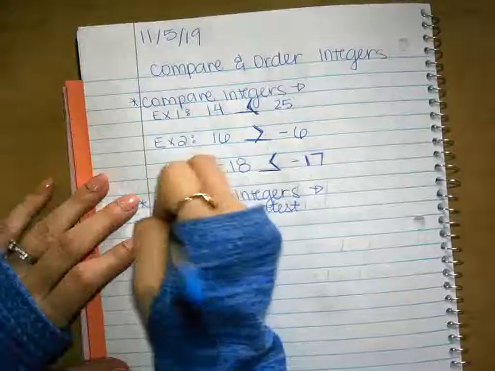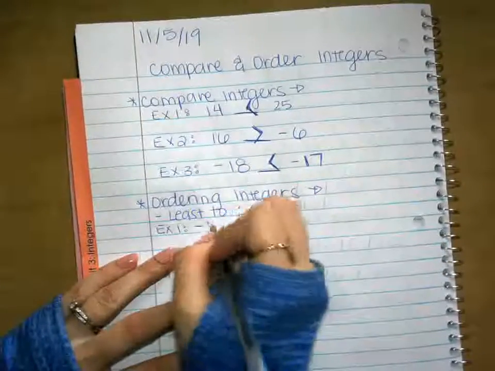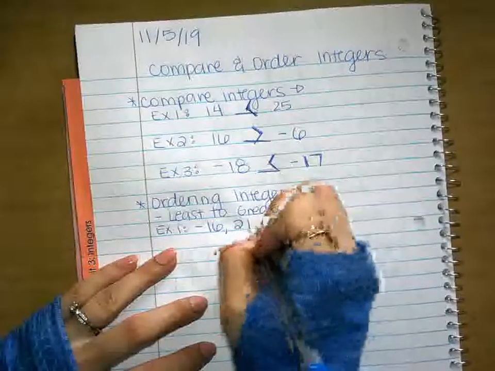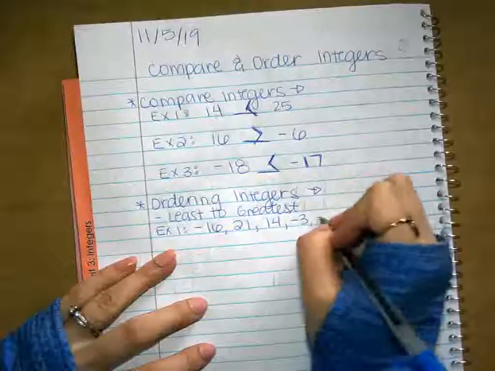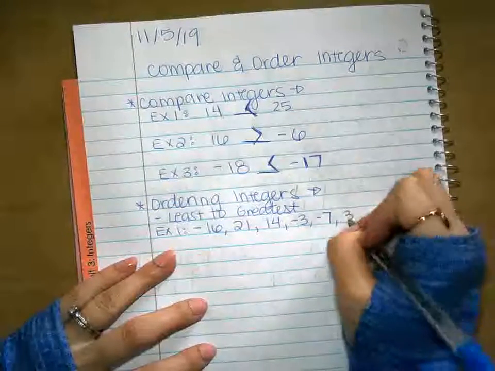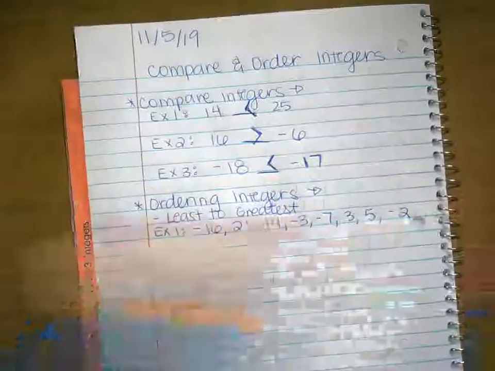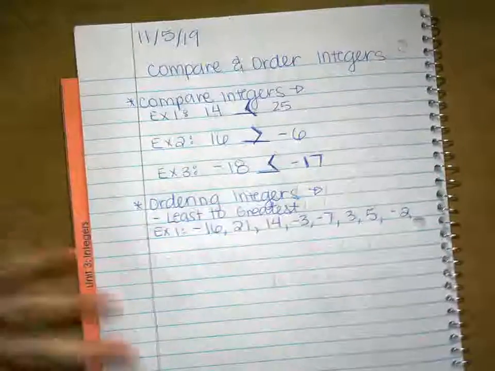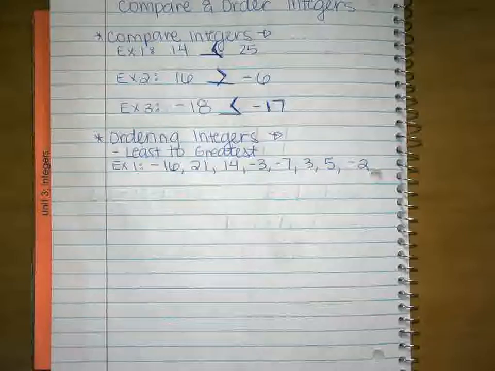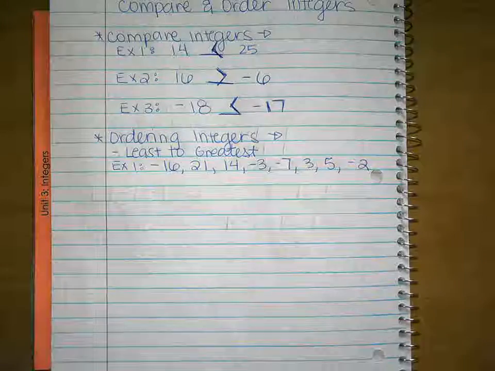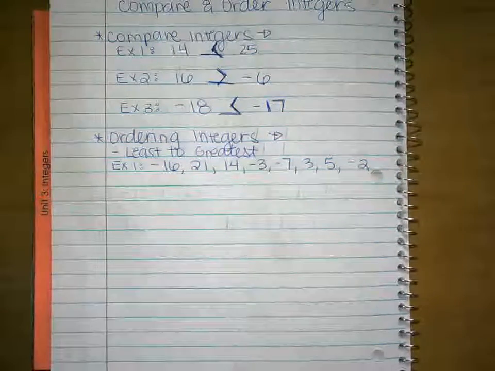Here is your first example: -16, 21, 14, -3, -7, 3, 5, and -2. Put those in order from least to greatest for me.